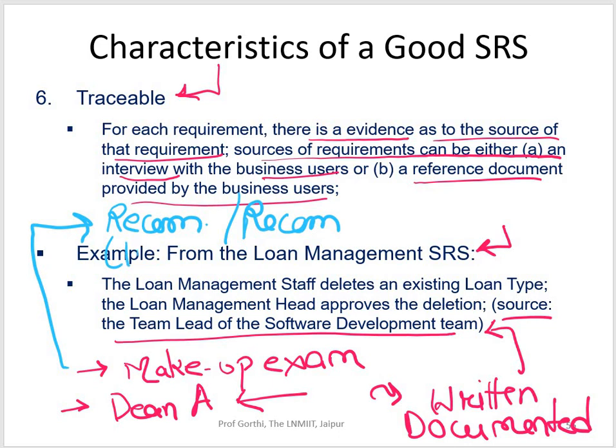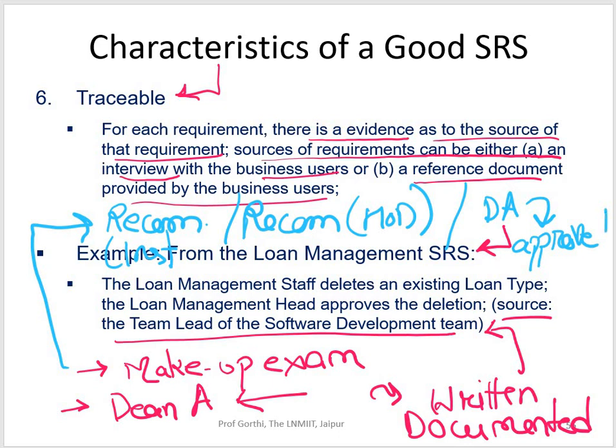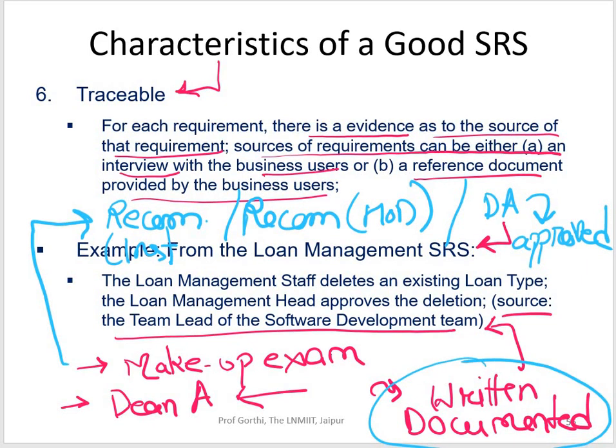It's like, for example, someone from your end comes for a makeup exam. Now the Dean Academics asks for the permission, where you got the permission for the makeup exam. So it can be traced.